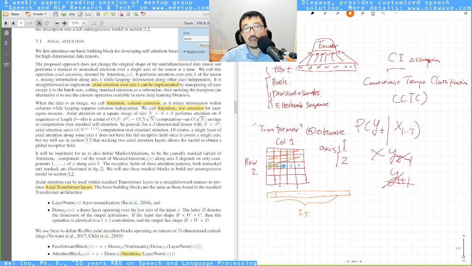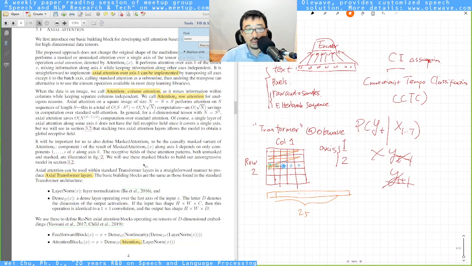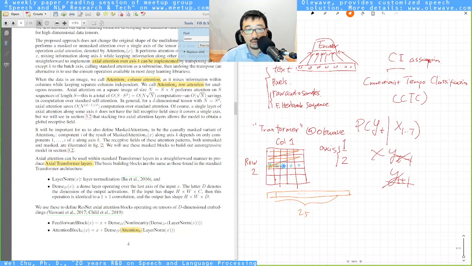Each layer has something like a ResNet architecture, linear layer, or especially this self-attention transformer layer. Okay, let's see what architecture they have over there.